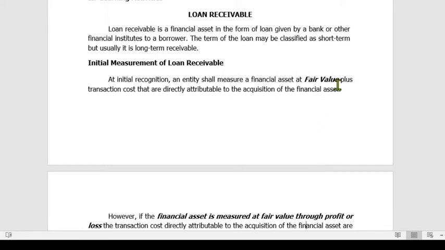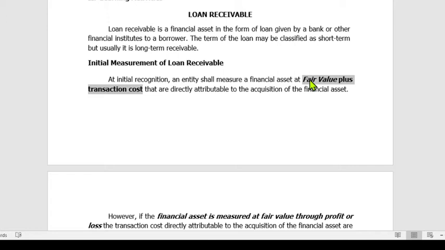the loan receivable shall be measured at the fair value plus the transaction cost. So, what it says here is the loan receivable is measured at fair value plus transaction cost. We know what fair value is: the amount at which an item can be sold in the market in a readily competitive market condition, plus the transaction cost.